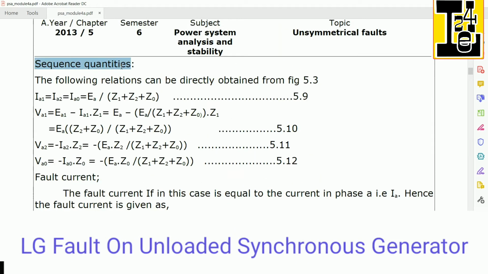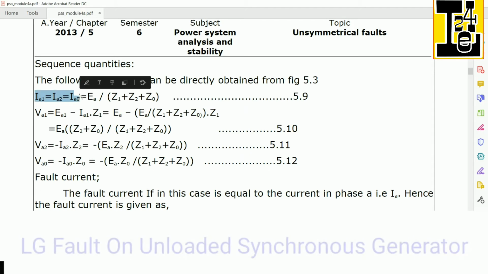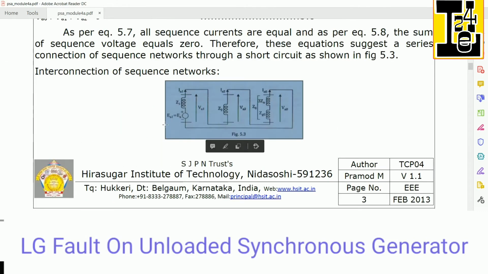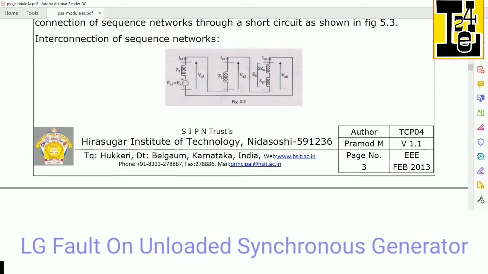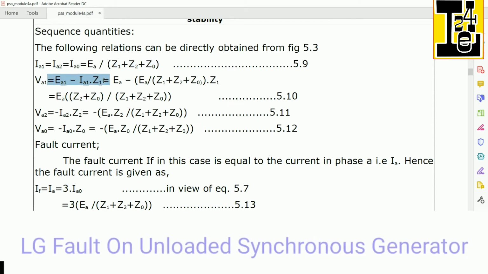Next is sequence quantities. We can find the following relations. As we have IA1 equals IA2 equals IA0, by observing this circuit, the current flowing in the circuit equals the EMF source EA divided by the total impedance of the circuit, that is Z1 plus Z2 plus Z0. We have the system equation VA1 equals EA1 minus IA1 Z1.